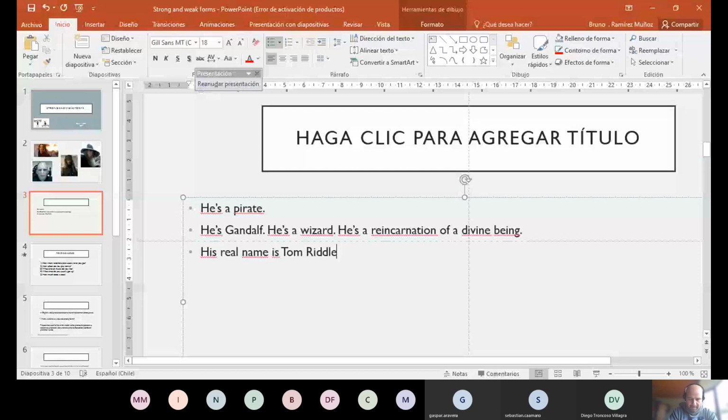And he is known as Voldemort. The one, I didn't get if it's who or which. Correct me, please, if I'm wrong. Shall not be named, right?